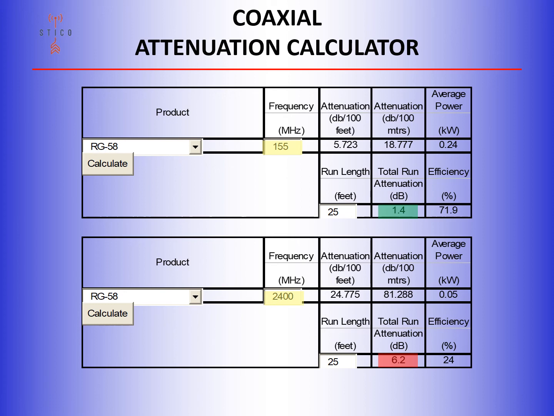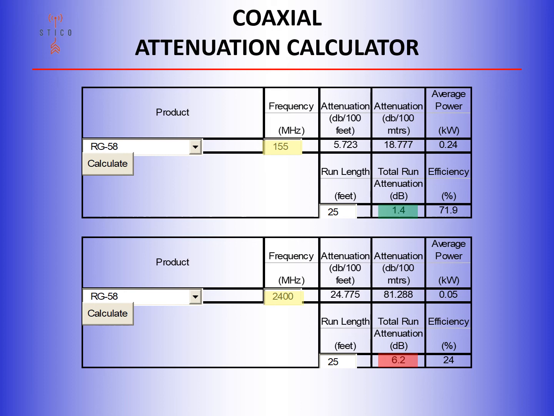One thing to note about insertion loss is that it's frequency dependent. Here we have an attenuation calculator. Everything is maintained the same between the top and the bottom calculation. Both use RG58, both are 25-foot runs, but all we varied between the top run and the bottom is the frequency.